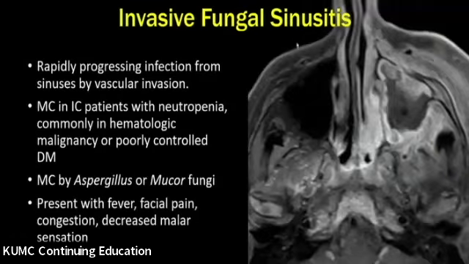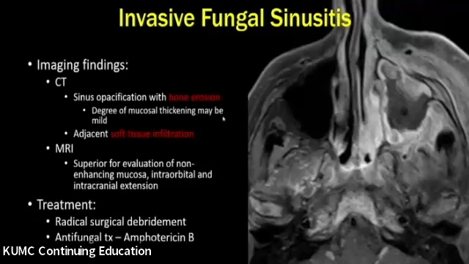So this is a case of invasive fungal sinusitis. It's a rapidly progressing infection from the sinuses by vascular invasion, most commonly in an immune-compromised patient or poorly controlled diabetes. And the most common culprits are going to be Aspergillus and mucor. Patients will present with fever, facial pain, decreased malar sensation. Again, CT findings are going to be that sinus opacification with bone erosion.